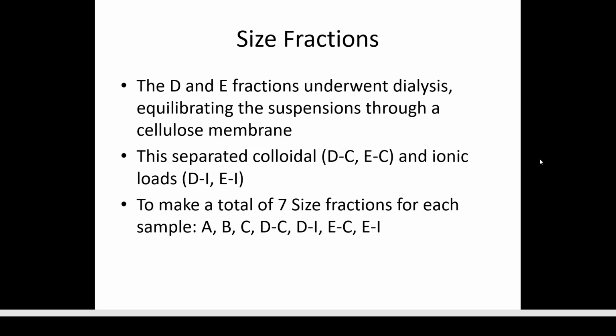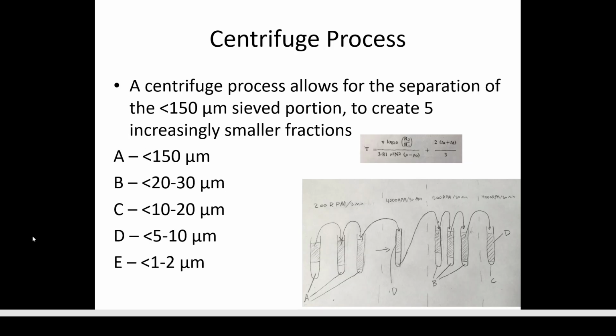So this centrifuge method split up the different size fractions into generalized sizes. These are A, B, C, D, and E. The D and E are the supernatant removed liquid from the centrifuge fractions, and these are the smallest.